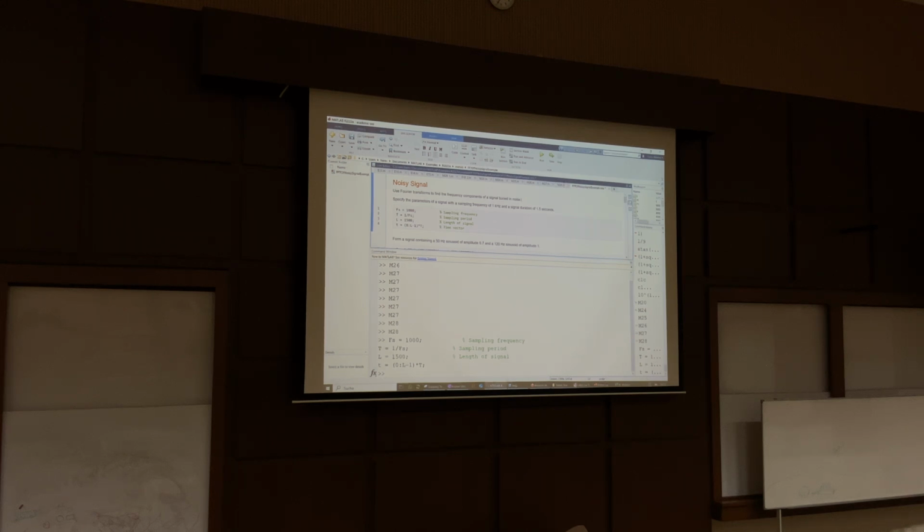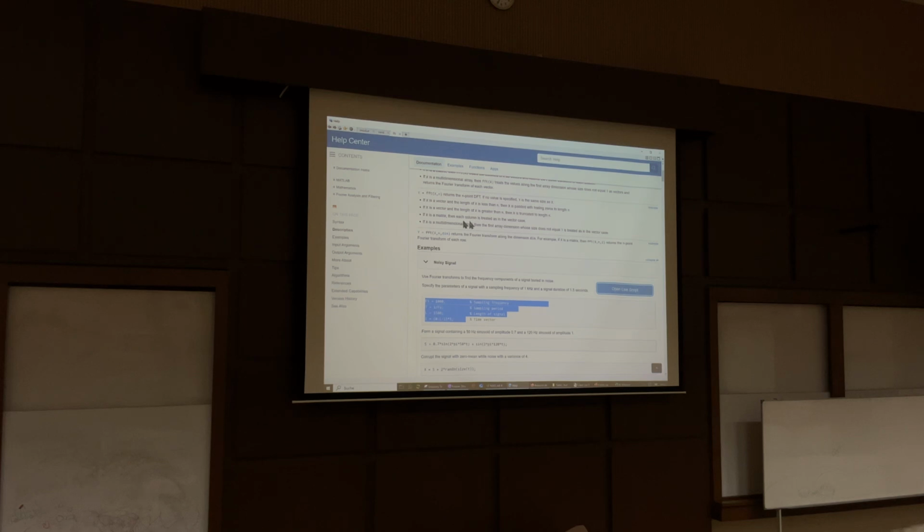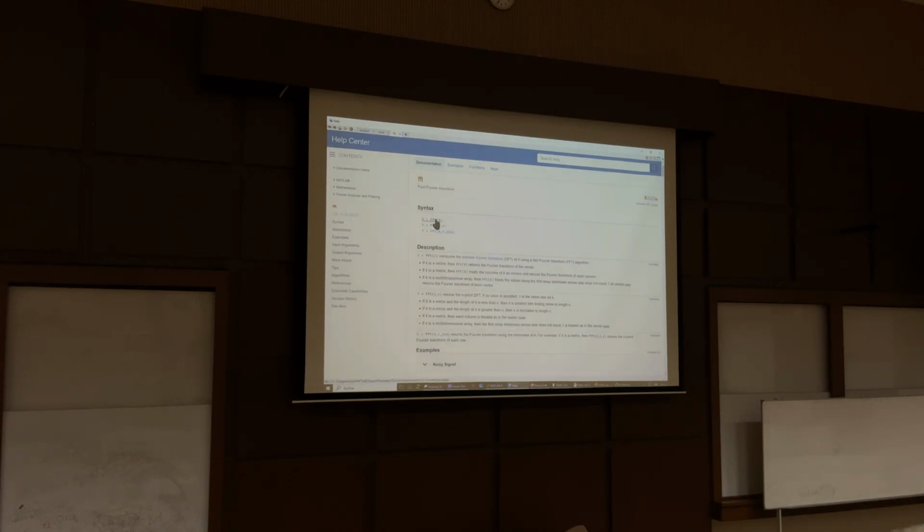So we do this FFT, as I said, fast Fourier transformation.